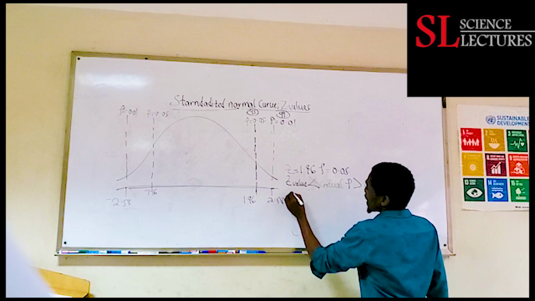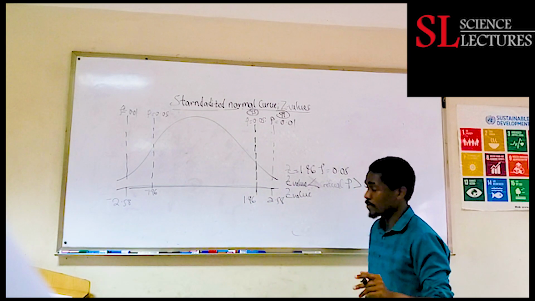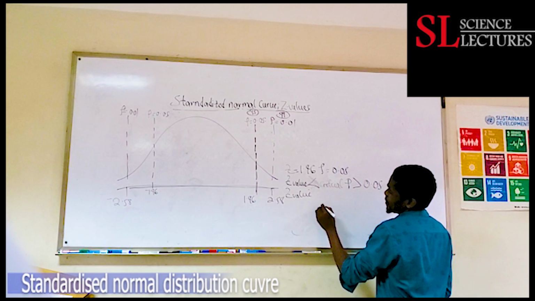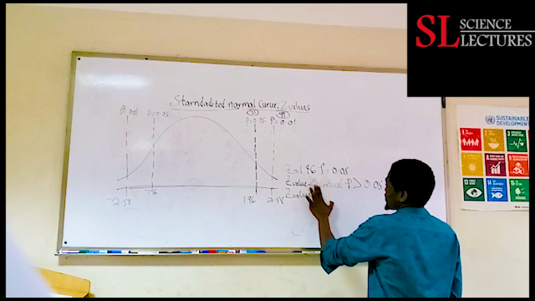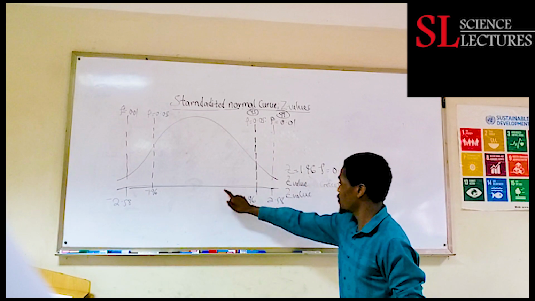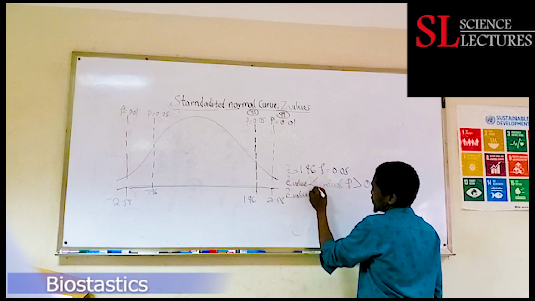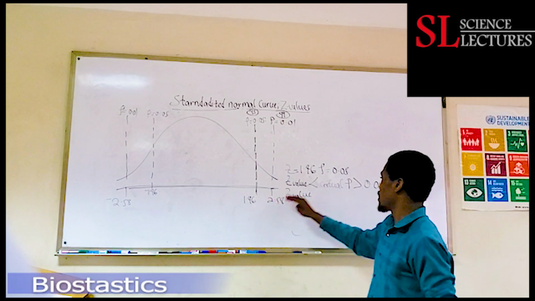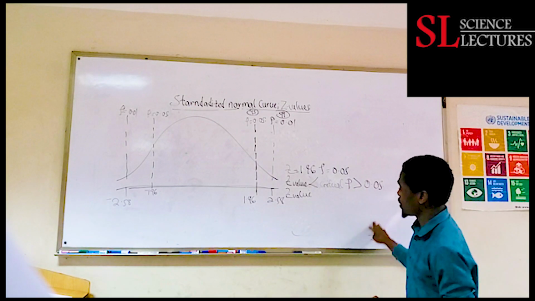So if we get a calculated z value less than the critical, we say P is greater than 0.05, that is fine.